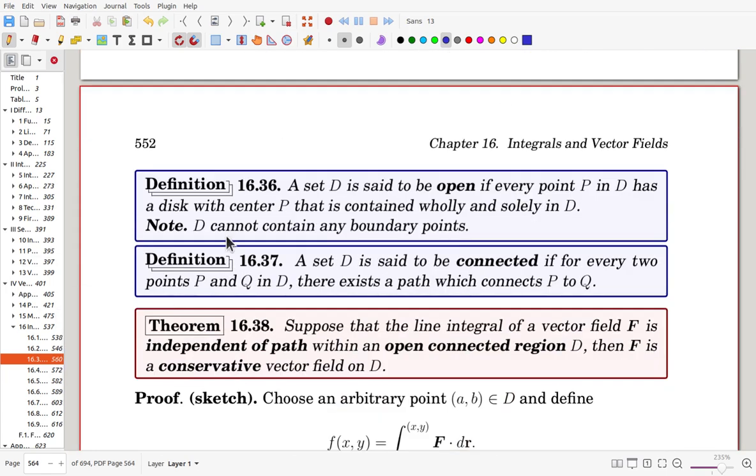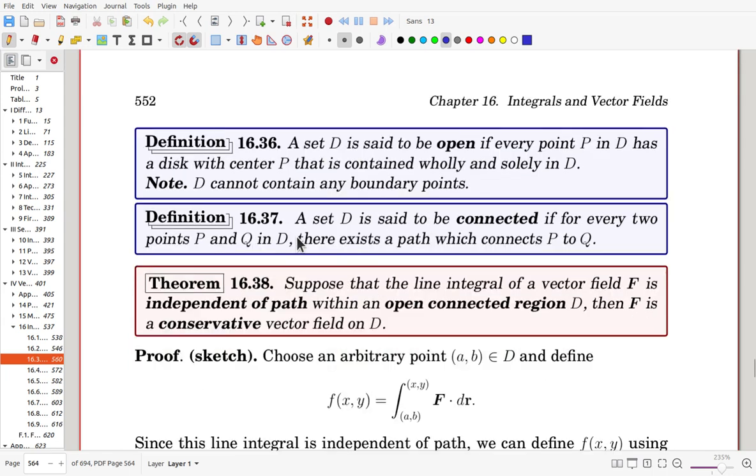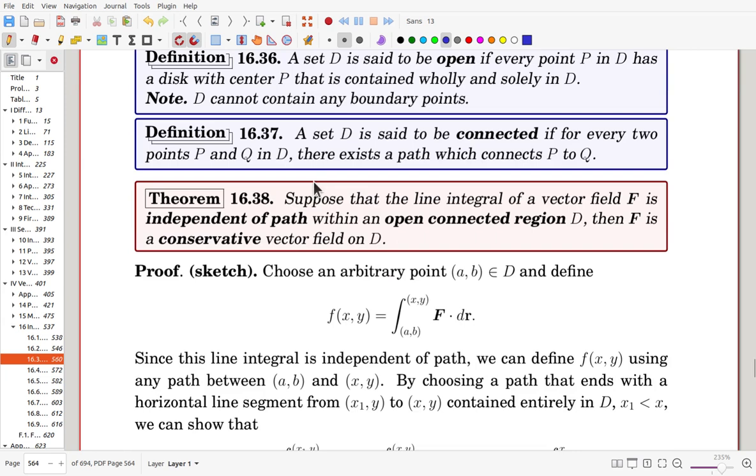So an open region cannot contain any boundary points, because once you choose a boundary point, any disk has part outside the region. A set D is connected if for every two points P and Q in D, there exists a path which connects P to Q.